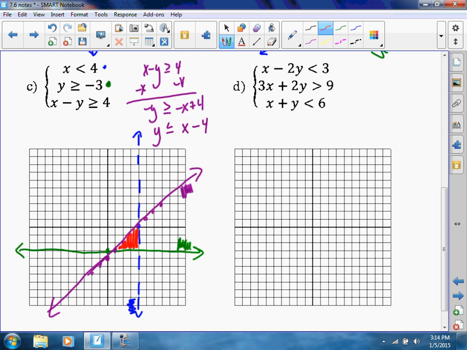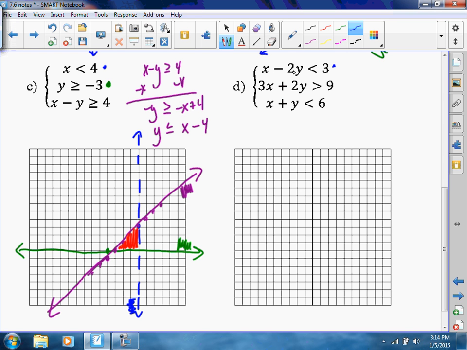Okay, now for part D, I've got 3 equations here. So let's do the top one in blue here. And neither of them are horizontal or vertical. None of them are solved for y. So we've got a little bit of work here that we have to do.